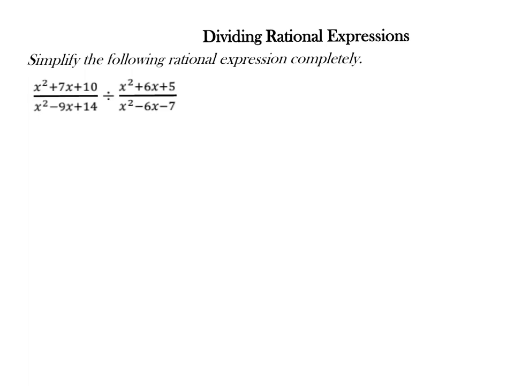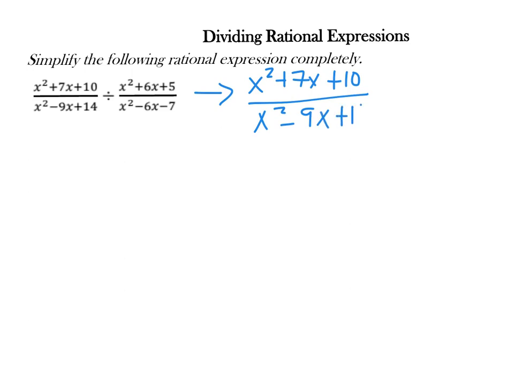All right, so the problem is going to look like this. I have x squared plus 7x plus 10 stays the same, x squared minus 9x plus 14.